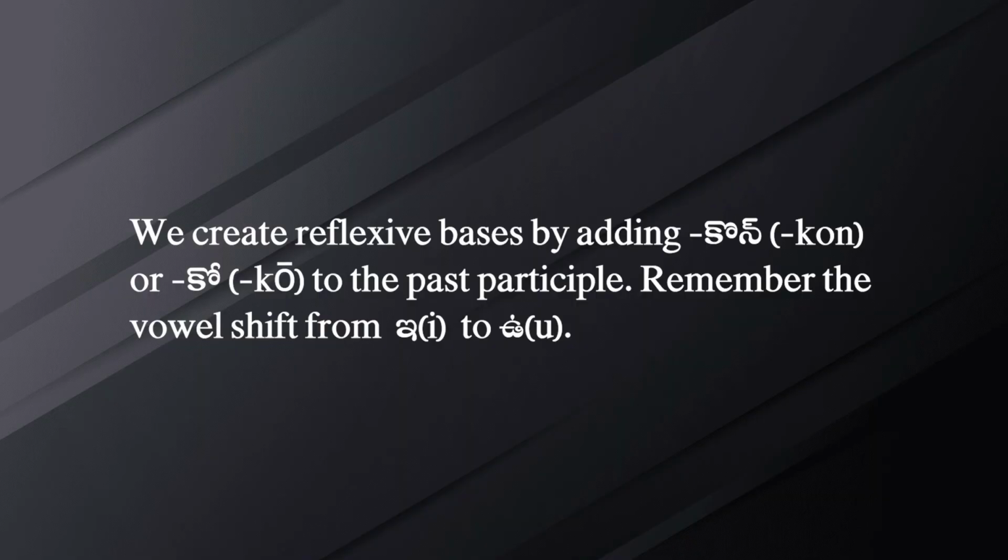Now that we have completed our deep dive into the morphology, syntax, and forms of reflexive and reciprocal verbs, as we conclude, let us review our summary of the lesson. Let's recap the main takeaways from today's session. We create reflexive bases by adding kon or ko to the past participle. Remember the vowel shift from e to u.